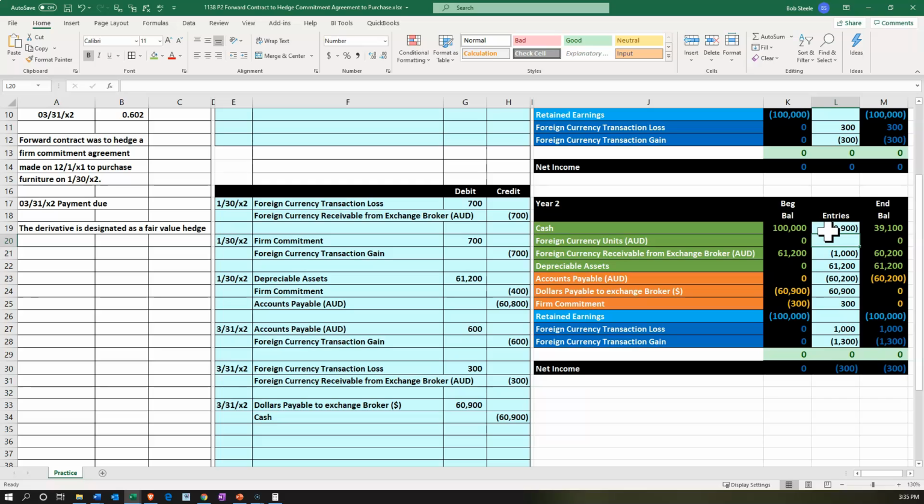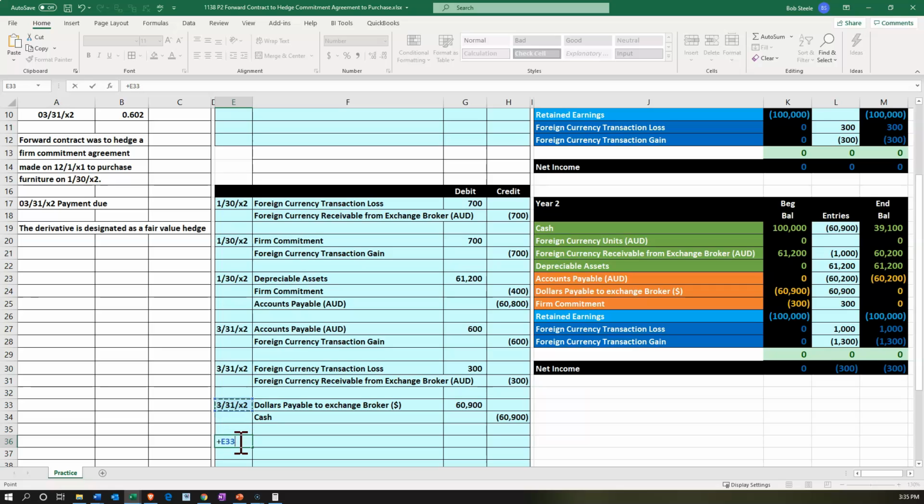Next, we're gonna get our foreign currency, and we're gonna remove the foreign currency receivable from the exchange broker. So we have this receivable from the exchange broker, 60,200. We're gonna get that in Australian dollars, but we're gonna represent that on our books with the current equivalent, which is 60,200, which we had just calculated using our tables over here in the spot rate for the current time.